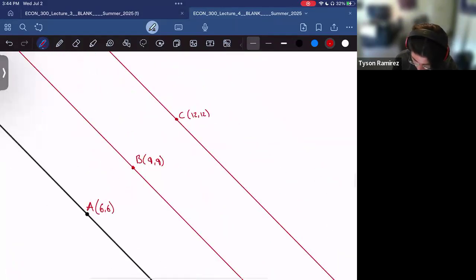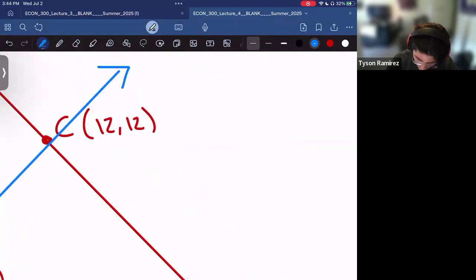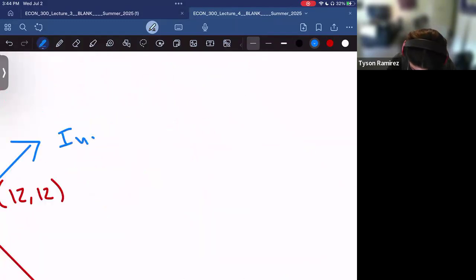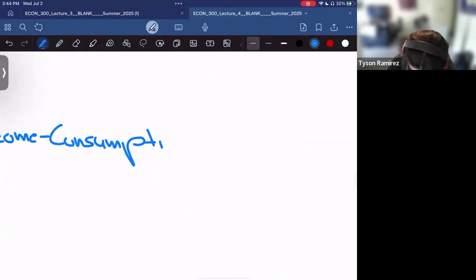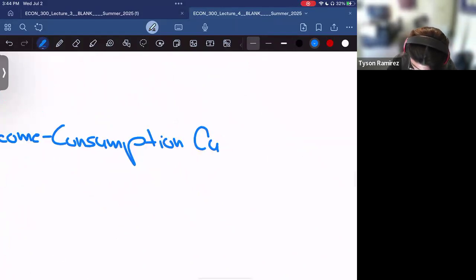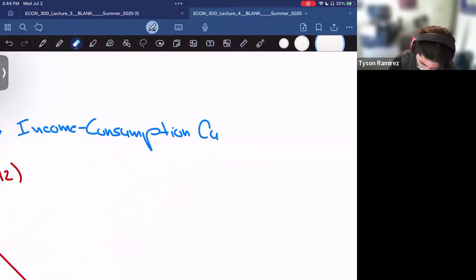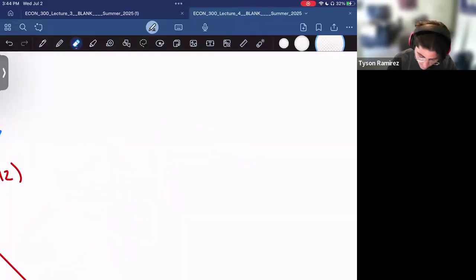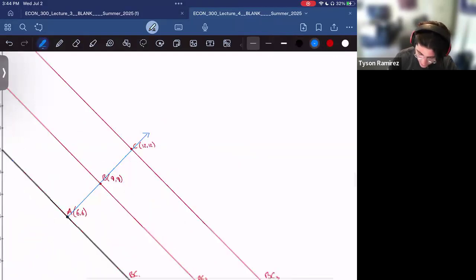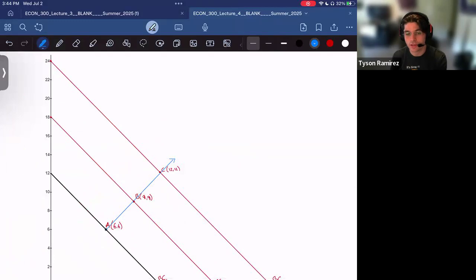If I were to draw a line through these 3 points, connect these points, this is the income consumption curve. Actually, let me erase this one right here. We can plot those 3 points and we can see how our optimal bundle changes. Then we can see how our bundles change as our income increases. All right.